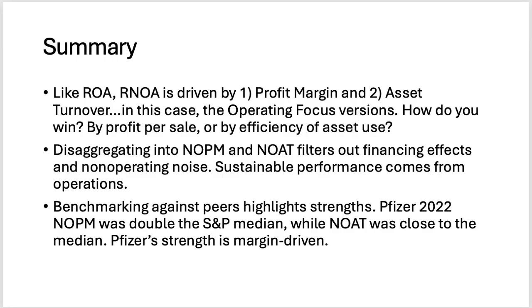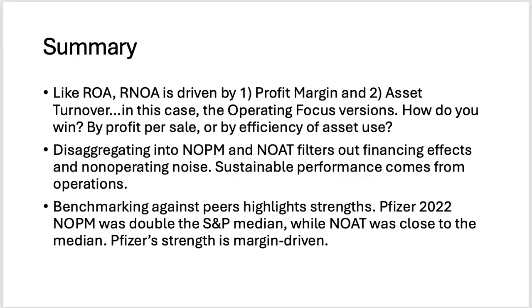So a summary of this concept for you today: like ROA, return on net operating assets is driven by two things, profit margin and asset turnover, but in this case, with an operating focus for each of those examinations. So it's the same question in a sense, right? With an operating focus, how do you try to win as a company, as an organization? Do you try to win by a sterling profit on every unit sold, or do you do it by an efficient use of your assets?